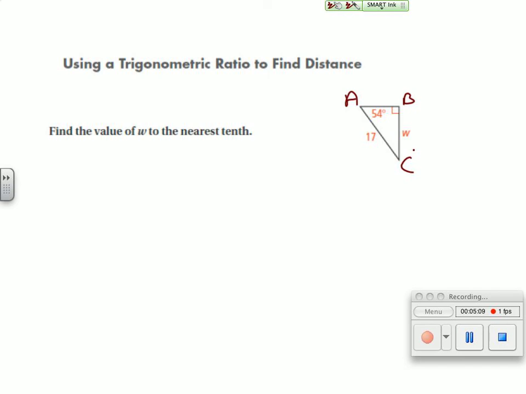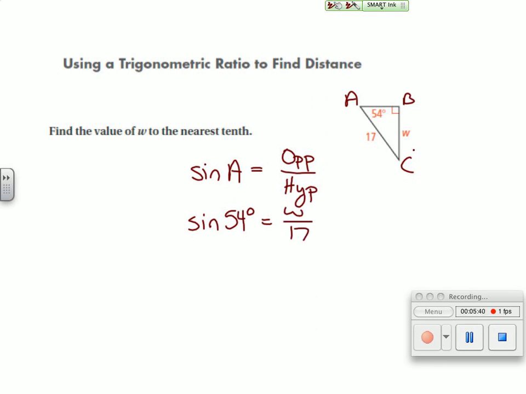I know that the sine of A equals opposite side over the hypotenuse. But actually, I'm given the measure of A, so the sine of 54 degrees equals W divided by 17.